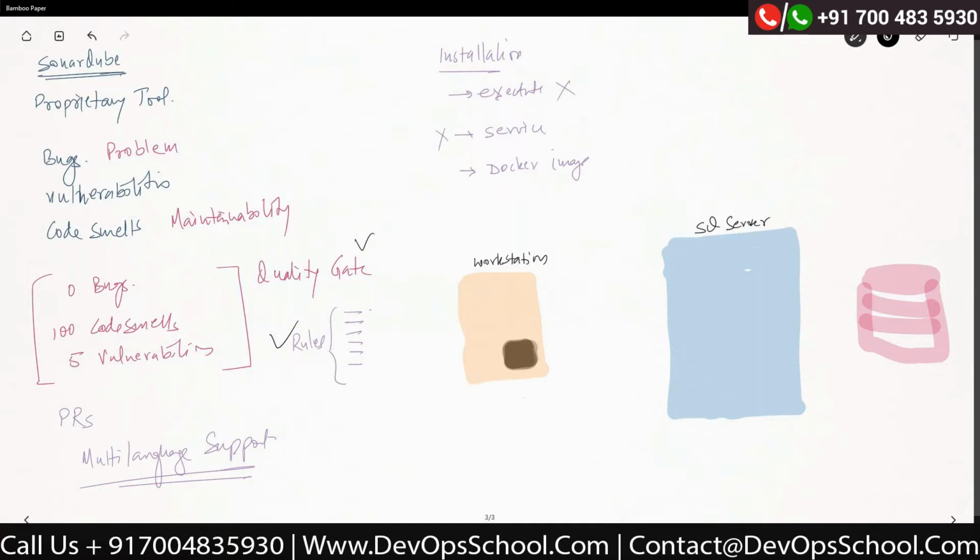So let's say this is a workstation on which your source code is available, right? Maybe you did a git clone and you downloaded the source code, right? Now, wherever your source code is available, there is a small binary installed called SonarQube scanner.